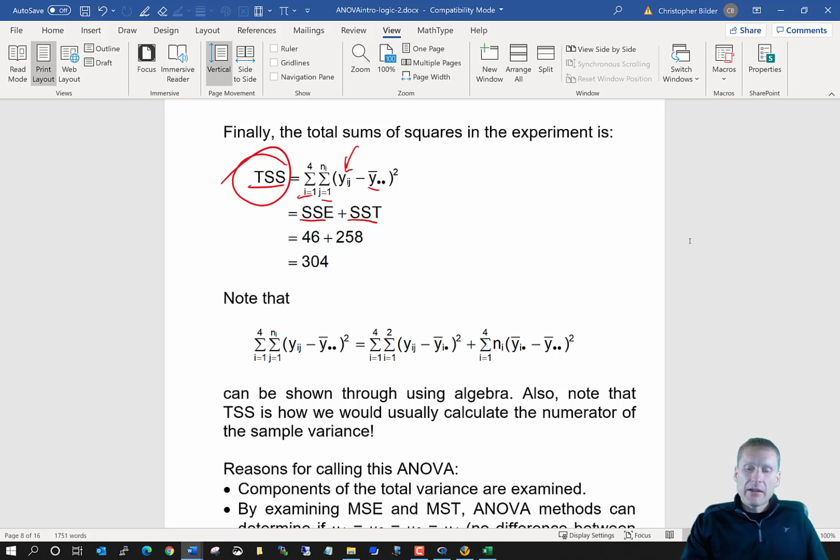Okay? And here's a mathematical representation of this. If this course that we were doing right now was more mathematical in nature, like what a statistics major would actually take, you would actually be required to prove this. You can actually go through the algebra to prove this equality.